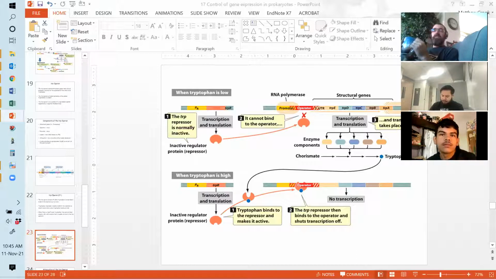It ties together a bunch of stuff that we've been learning about: transcription and translation being coupled in bacteria, and also how RNA can form multiple secondary structures by binding to itself, including those termination loops we talked about in intrinsic termination. It's kind of neat.